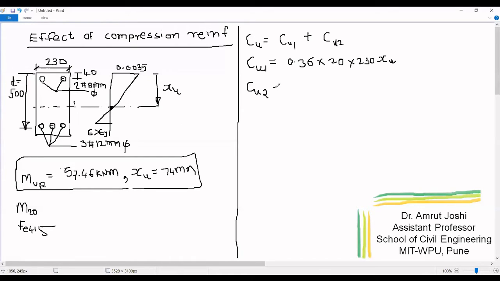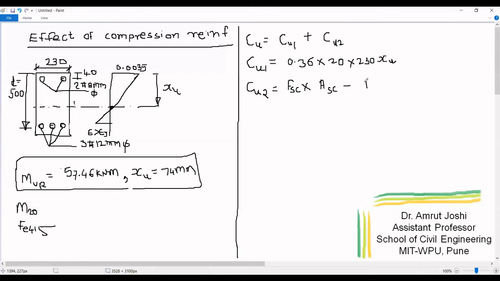Cu2 will be stress in steel. So let me write it as FSC, which stands for stress in compression steel, multiplied by area of compression steel minus stress in concrete at the level of this compression steel.